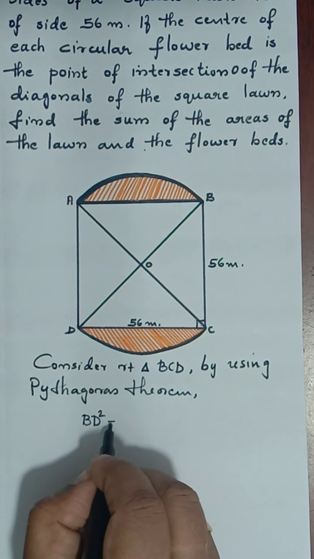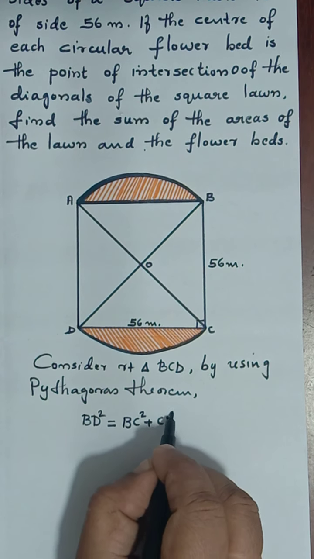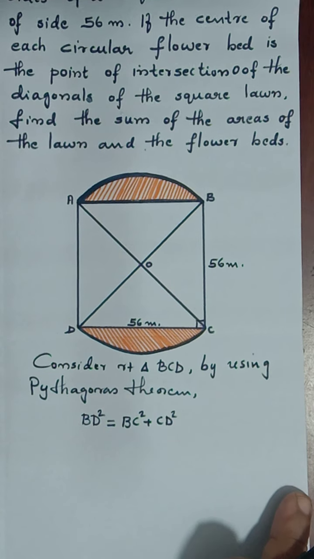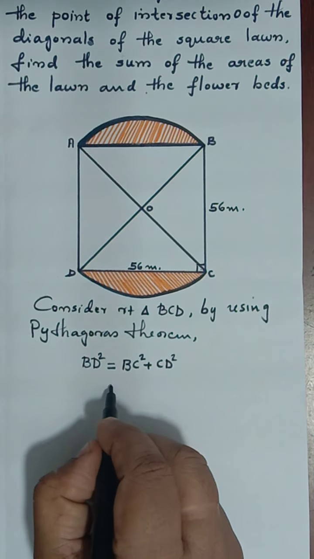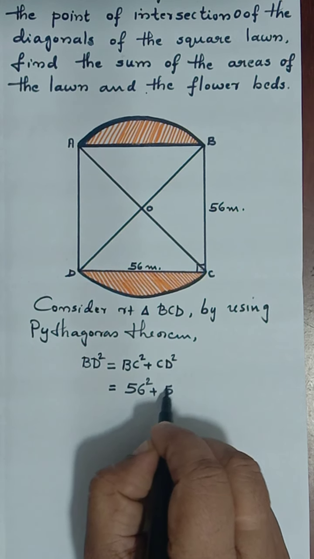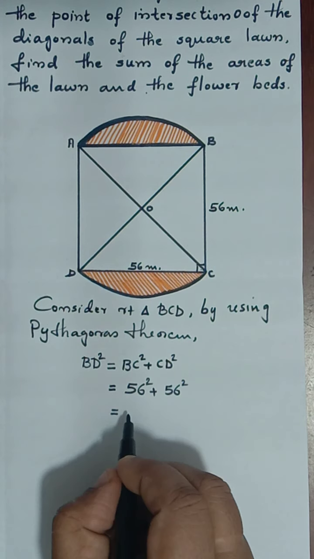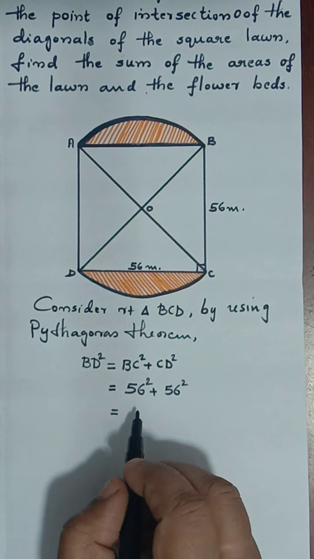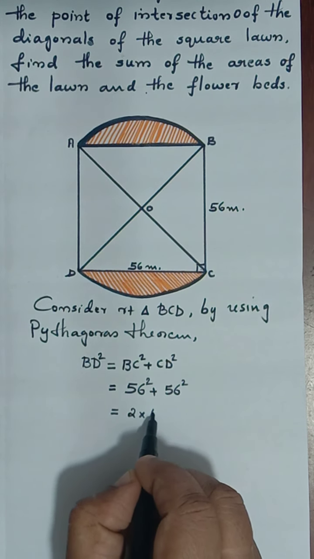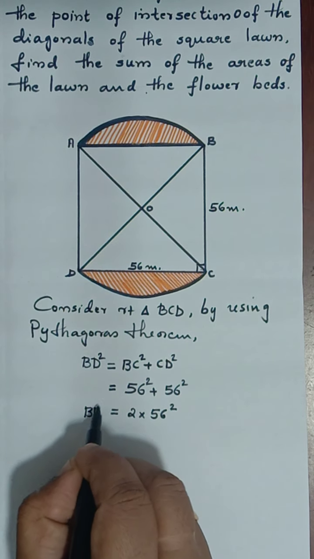BD square is equal to BC square plus CD square. Now let us substitute. When we substitute, it becomes 56 square plus 56 square. Instead of finding the squares, it is easy to write it as 2 times 56 square. 56 square plus 56 square is 2 times 56 square. That is our BD square.